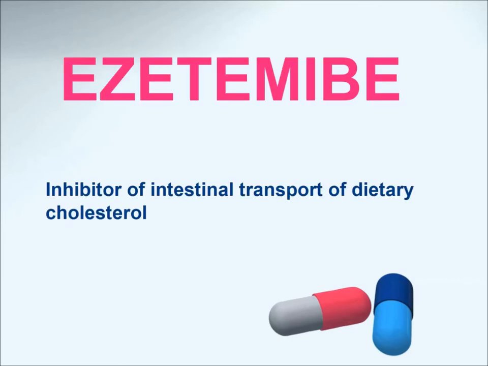Now, what about ezetimibe? This is an agent on its own. It's not a class of drugs. So this would be used as a second line treatment for high cholesterol. It would be used for people who couldn't take the statins, had suffered adverse effects from the statins. It acts by inhibiting the uptake of cholesterol from the gut.